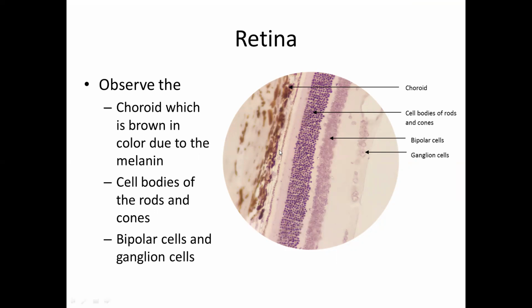Above the choroid you can see the epithelium of the retina, the pigment epithelium, then the processes, and then the cell bodies of the rods and cones, again processes, and then the cell bodies of the bipolar cells, the neuron cells.